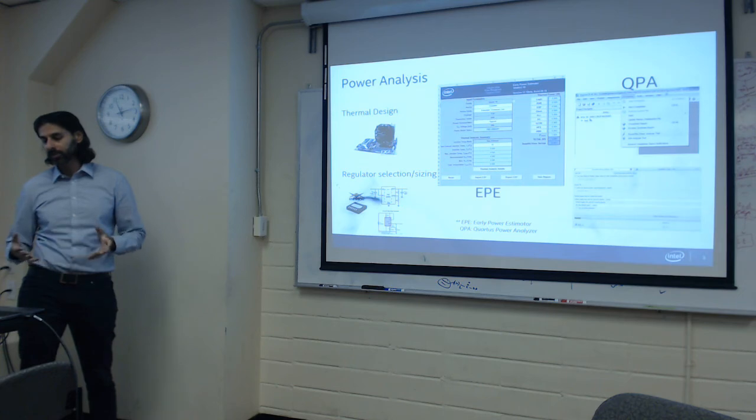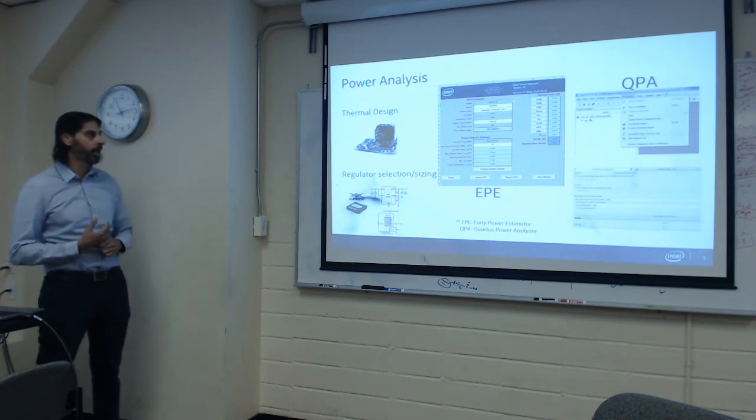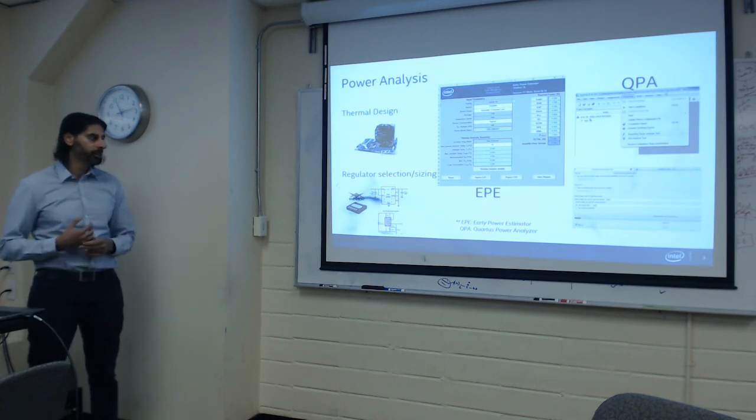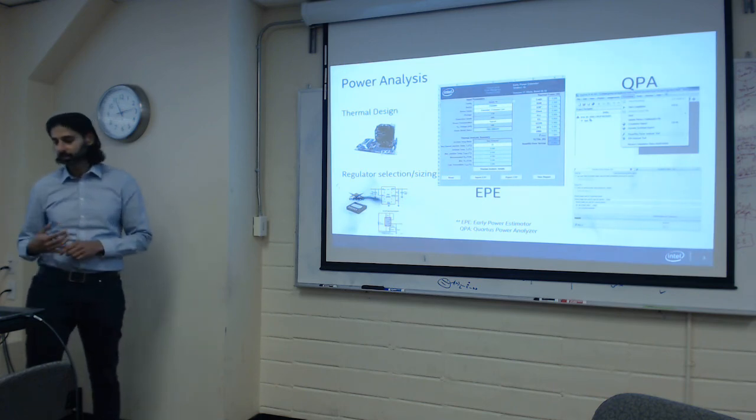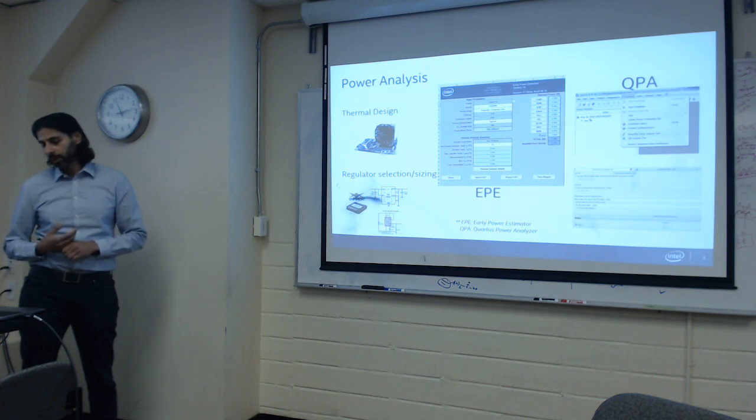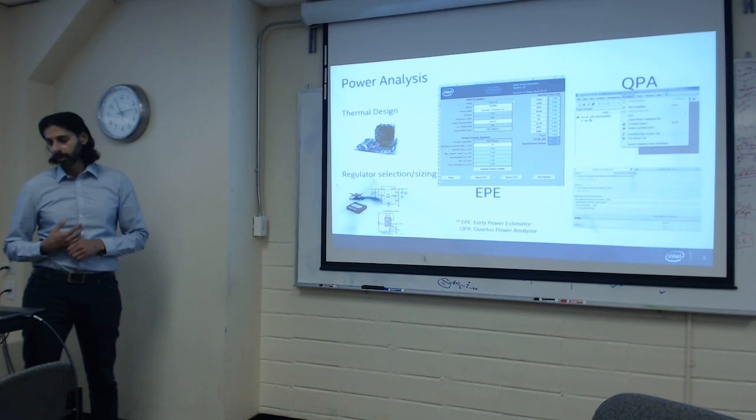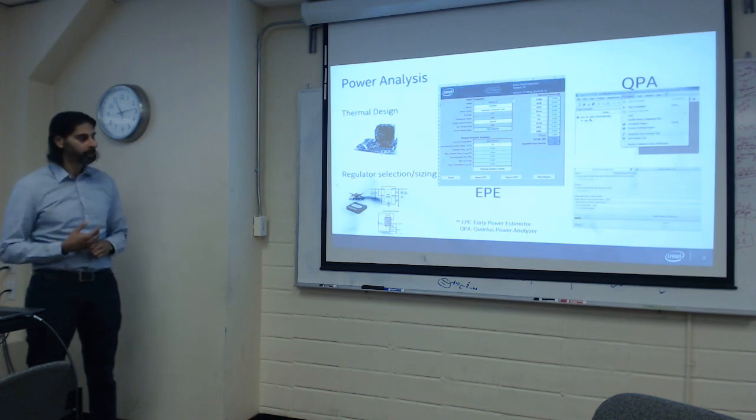And in fact, FPGAs don't just have one power domain, they have over a dozen different power supplies. So actually designing the power tree for an FPGA is a non-trivial task. And so these tools help you with that effort. And lastly, of course, FPGA designers need to know what their power is so they can budget for it in their end system. So they use these tools to just budget for power.